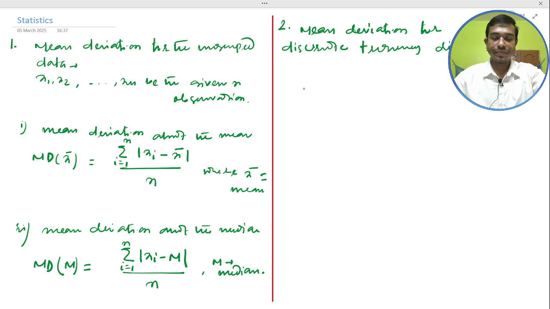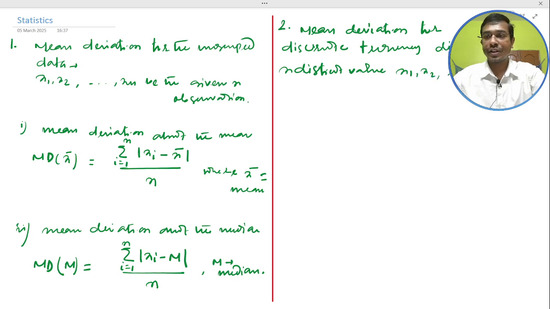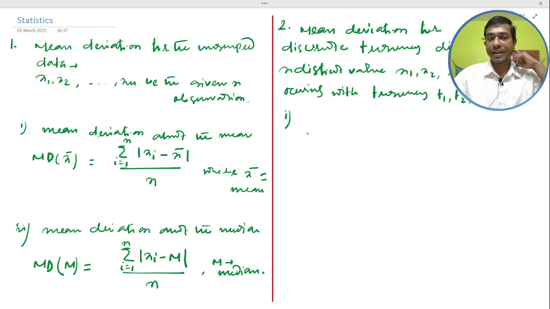Suppose the data consist of n distinct values x1, x2, ..., xn, occurring with frequencies f1, f2, ..., fn. So number 1, mean deviation about the mean.